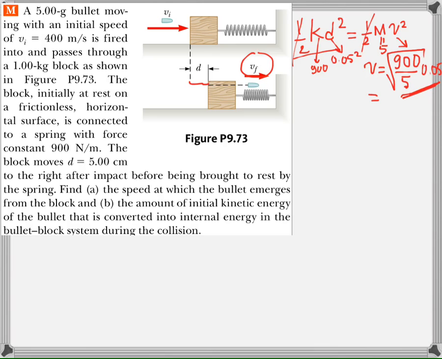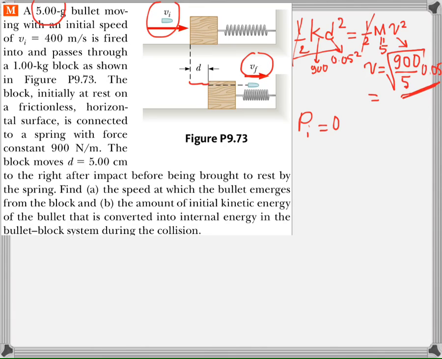Let's write it down. Initial momentum is, since initially the only moving object is the bullet, right? Vi, here Vi is given, and am I given the mass? The mass also is given. The mass of the bullet here is given as 5 grams. So what is the initial momentum then?